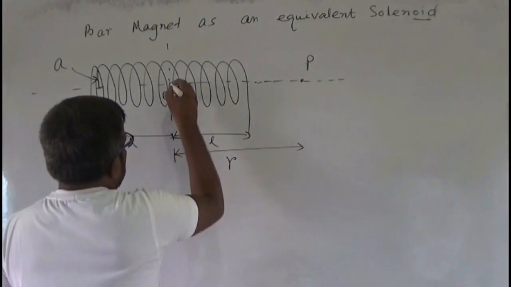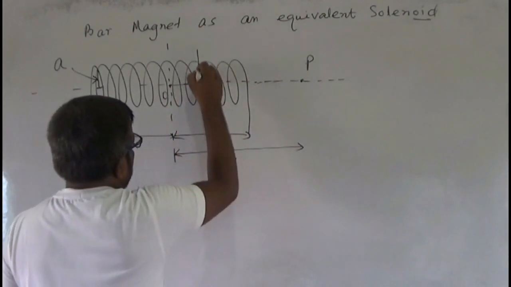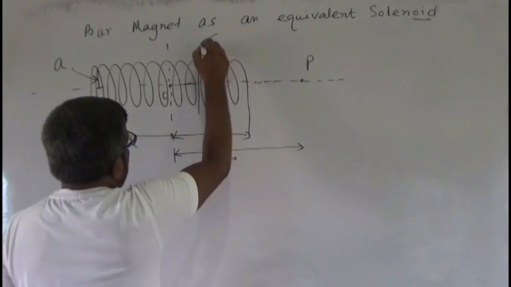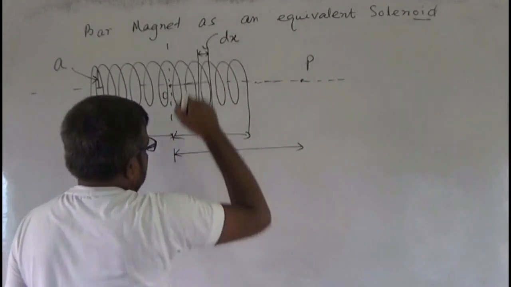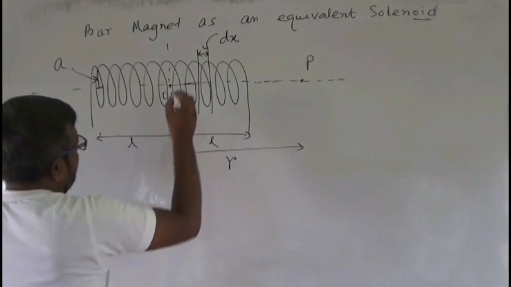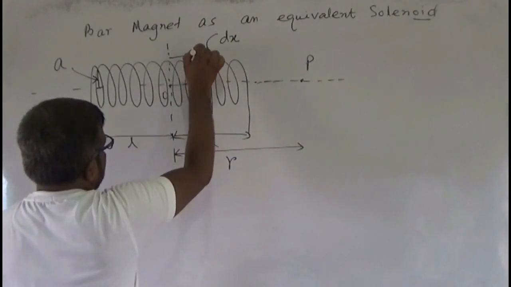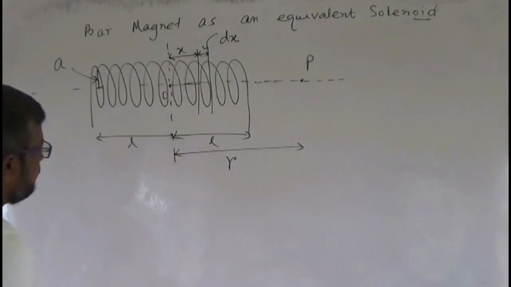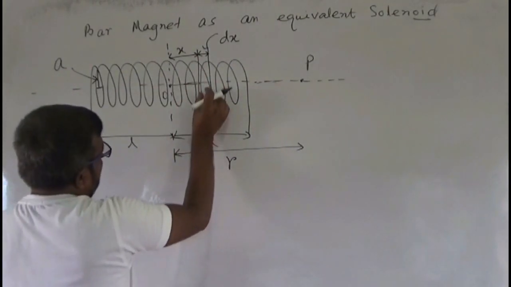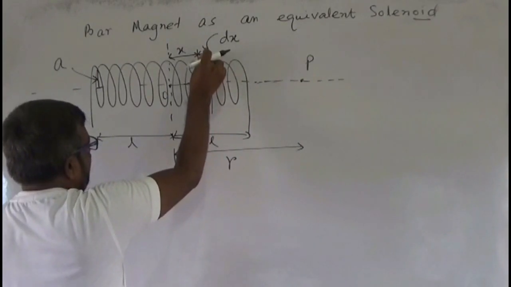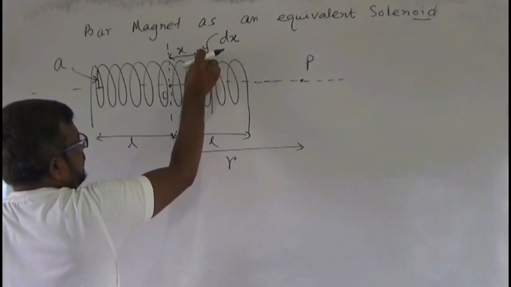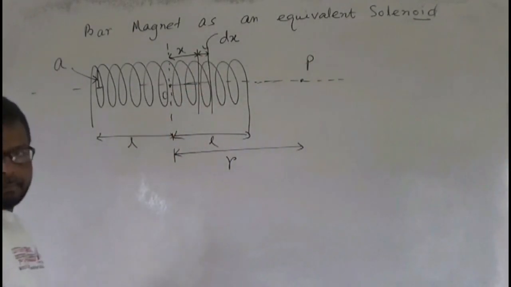That means let us consider this length, an infinitesimally small thickness dx, which is at a distance x from the center of the solenoid. That means now we are taking a very small thickness of circular coils, right?